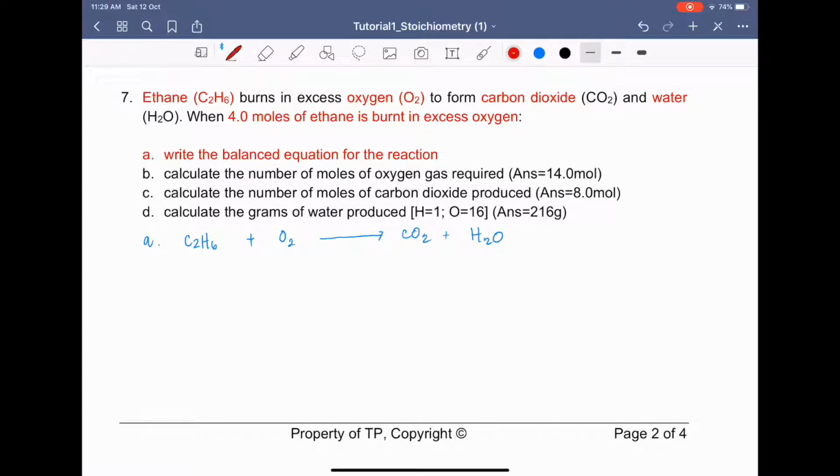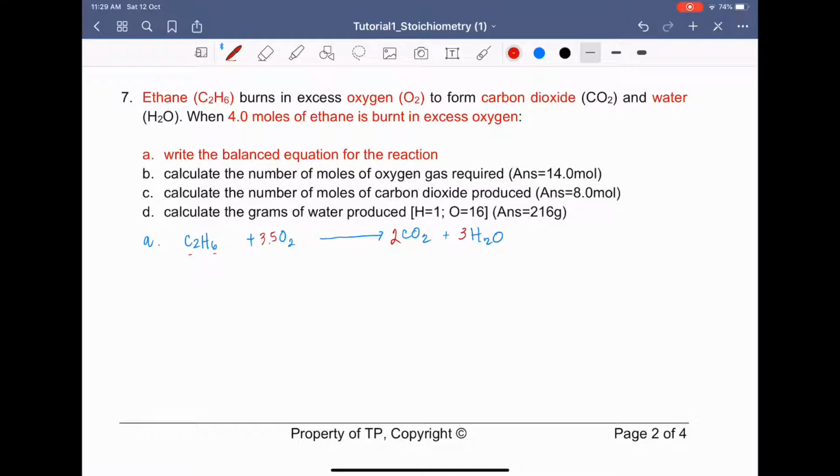So how do we do this? First, let's look at carbon. Down here we have 2 carbons and then here just 1, so we just need to add the 2 in front of carbon dioxide. And then we have 6 hydrogen, so we have 2 on the right side, so we need to put 3 for it to be equivalent to 6.